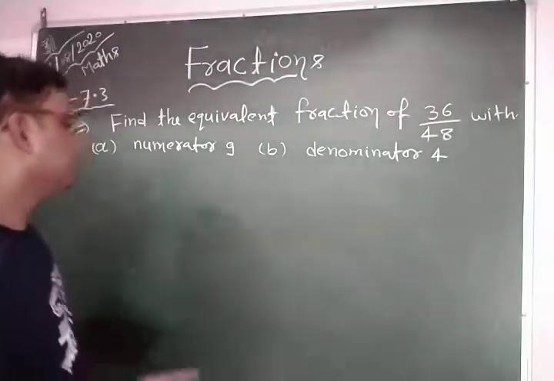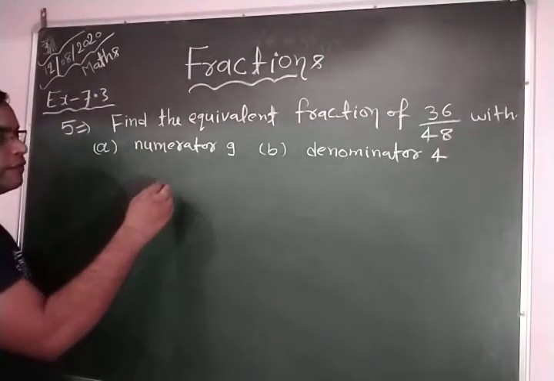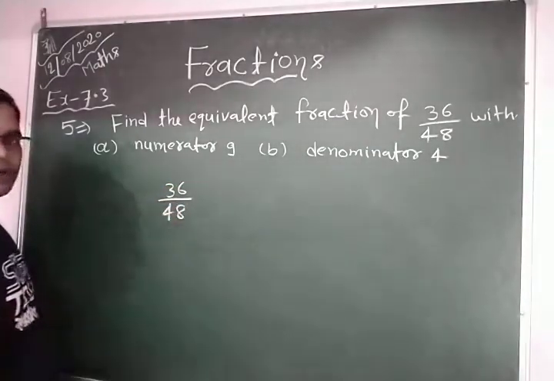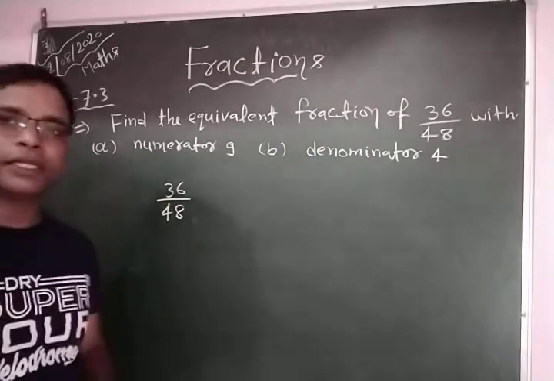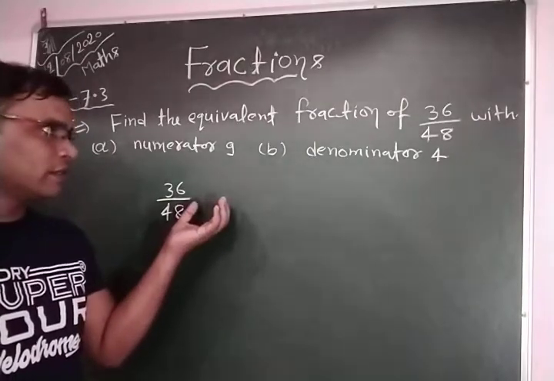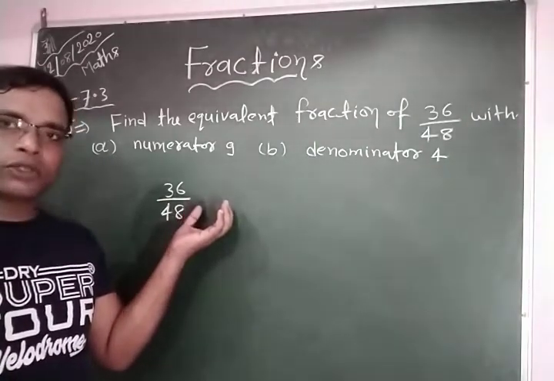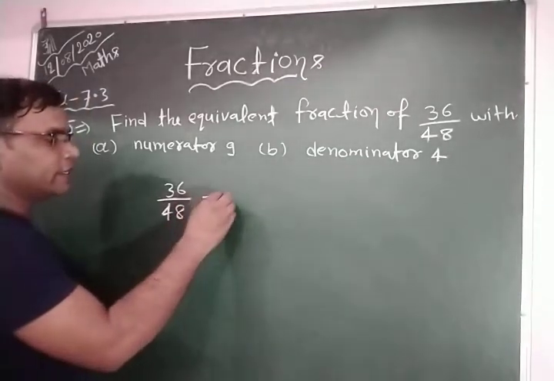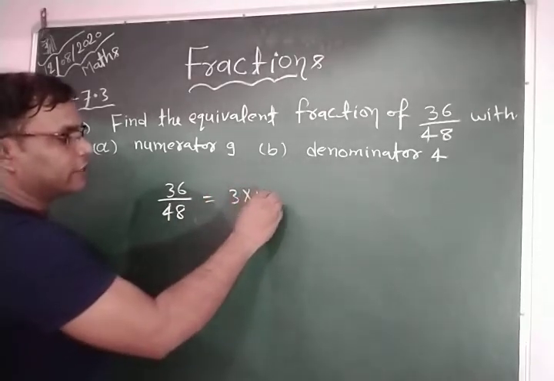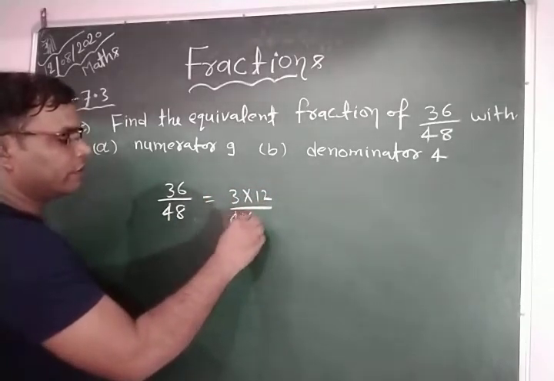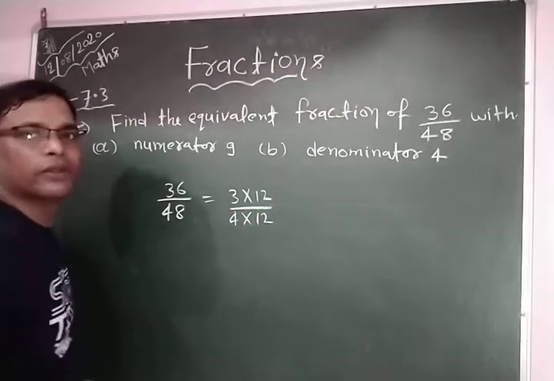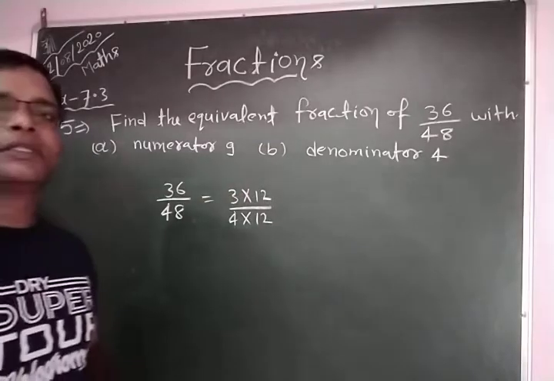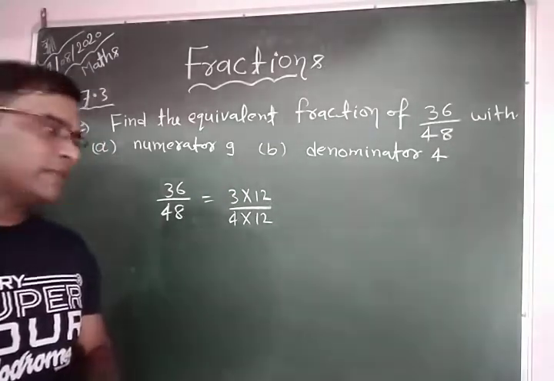Okay, so here the given fraction is 36 by 48. First we find its simplified equivalent form. To simplify it we can write 3 twelves are 36 and 4 twelves are 48. We know that 12 times 3 is 36 and 12 times 4 is 48.